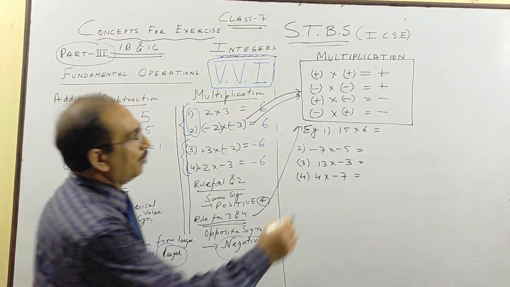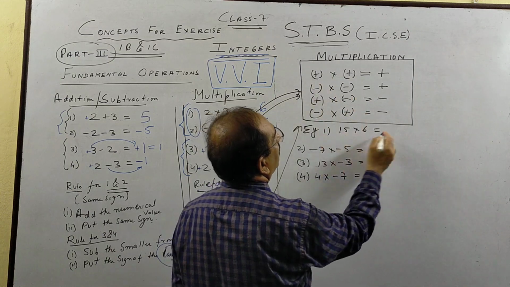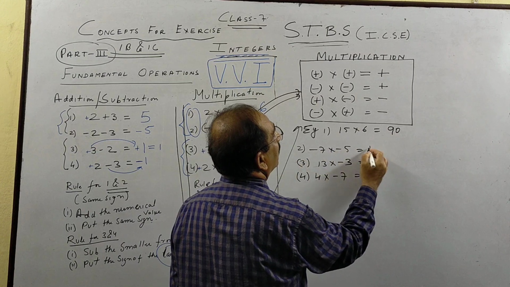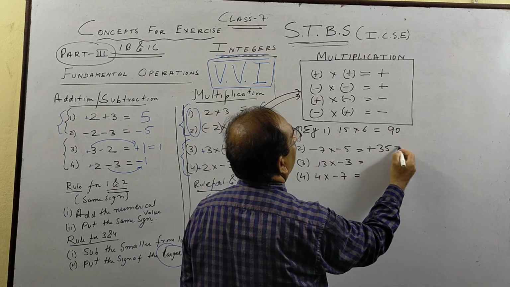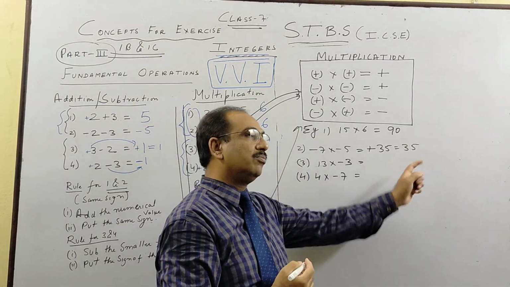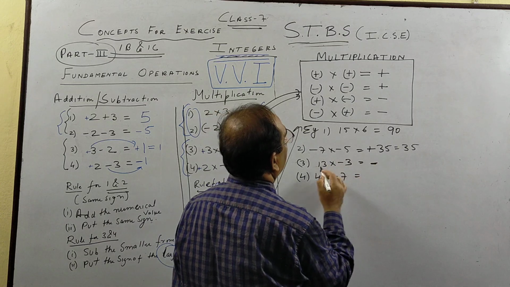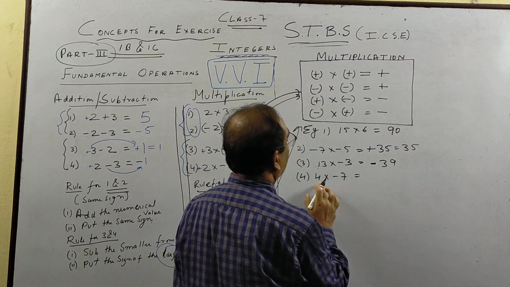So for example, I have taken over here, children. You can see both are plus. Plus, plus, plus. First example pertains to this. 15 6s are 90. Minus, minus, plus. 7 5s are 35. So you can write simply 35. Now I come to this. Plus, minus, minus. 13 3s are 39.